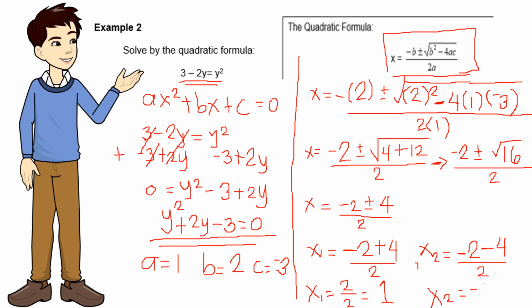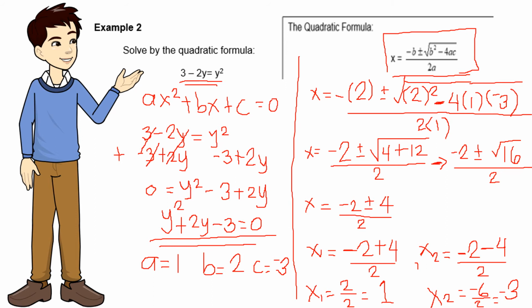We have negative 6 all over 2 or divided by 2. So x sub 2 equals negative 3. So the answer is x sub 1 equals positive 1 and x sub 2 equals negative 3.